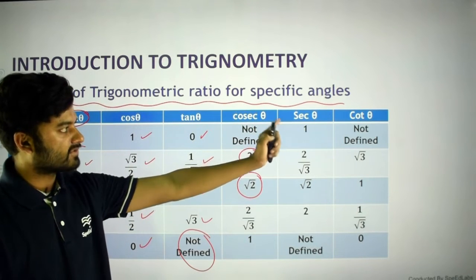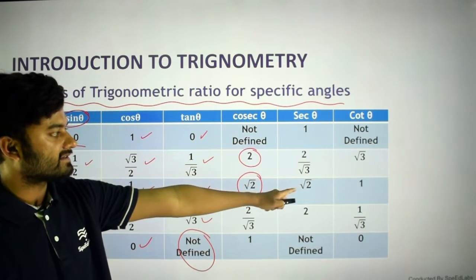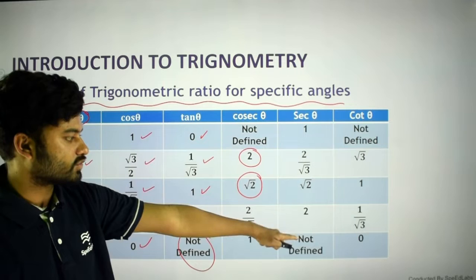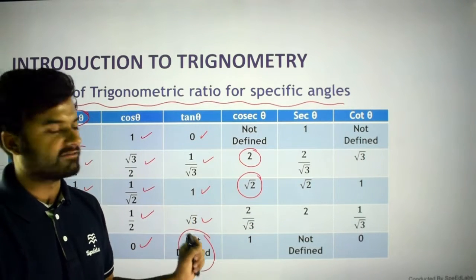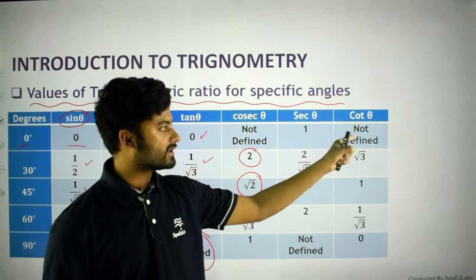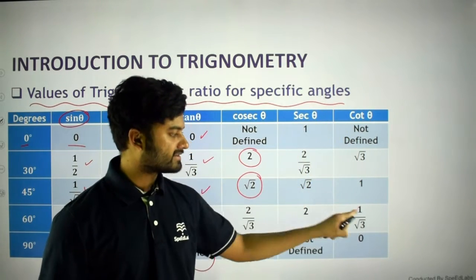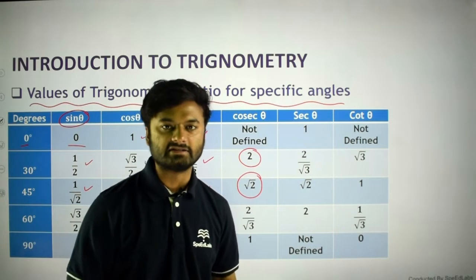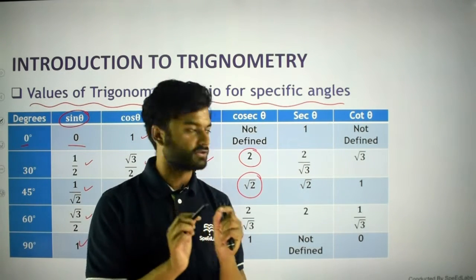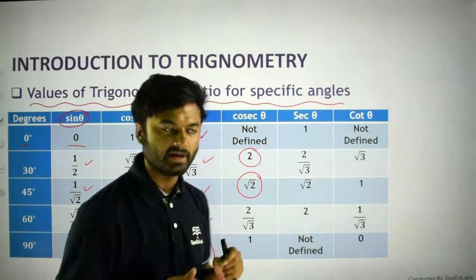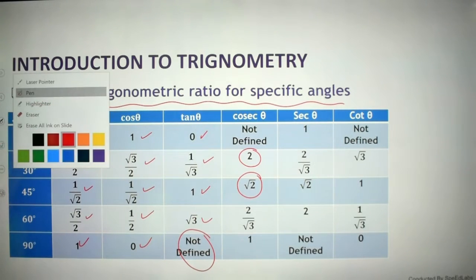Similarly sec 0 is 1, sec 30 is 2 by root 3, sec 45 is root 2, sec 60 is 2, and sec 90 is not defined. Cot 0 is not defined, cot 30 is root 3, cot 45 is 1, cot 60 is 1 by root 3, and cot 90 is 0. This is the table you need to remember. This is a very important table for basic mathematics.